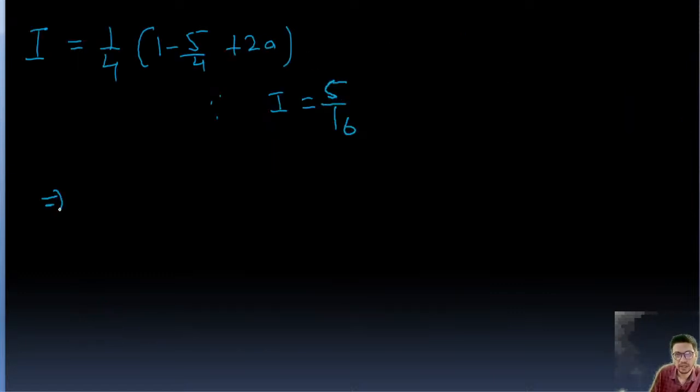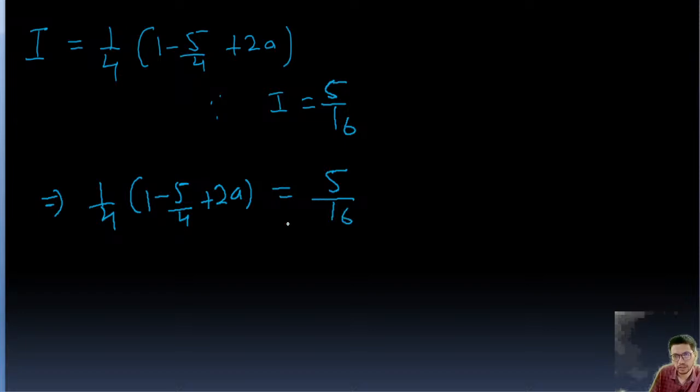So this implies 1/4 into 1 minus 5/4 plus 2a is equal to 5/16. 4 will cancel this 16 by 4, so this is going to be 1 minus 5 by 4 plus 2a, this is going to be 5 by 4.